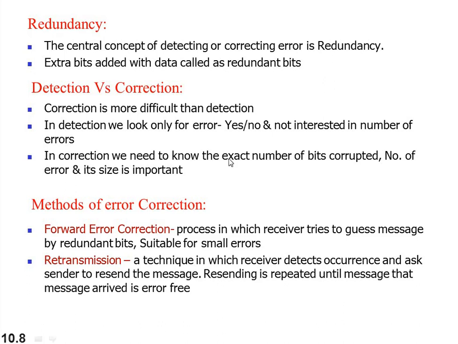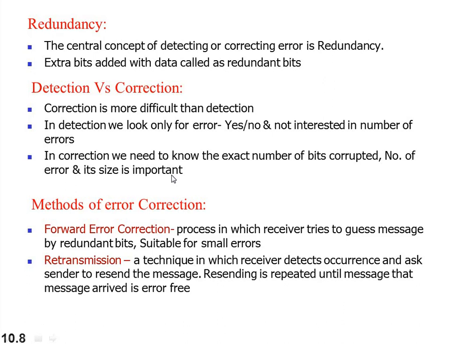So in correction you need to find out exactly the number of bits to be corrected and their positions also. You can see that correction is more difficult as compared to detection. Then there are two types of error correction possible. The first one is forward error correction and the other is retransmission.